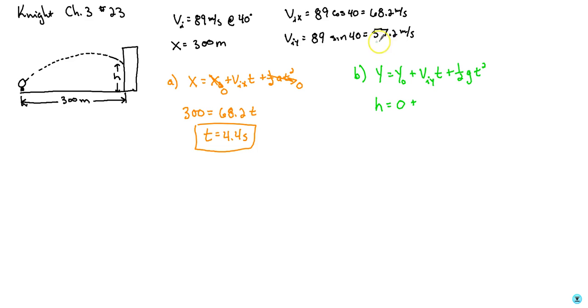V sub I y we found to be 57.2. T is 4.4, plus 1/2 times negative 10 times 4.4 squared. And we do our algebra out, and we come out that it is 155 meters tall. Okay, so that was chapter 3, problem number 23.